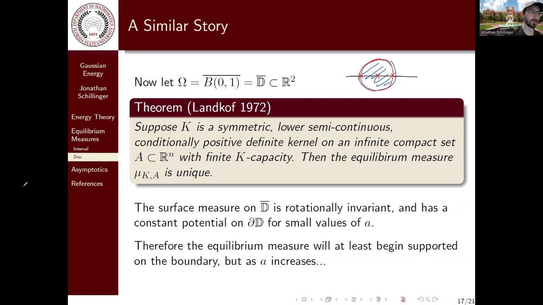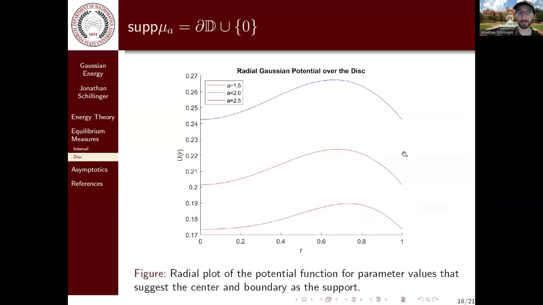And lo and behold, after some computations, that's exactly what happens. If you plot radially the potential of the Gaussian kernel over the disk for larger values of A, for the first few values you will only be supported at the edge, but eventually you'll reach a point where you will need to include the center and the endpoint. And then as A increases, just like the interval, you're again going to have some critical A value where you will need to include another point here. However, this is a radial plot.